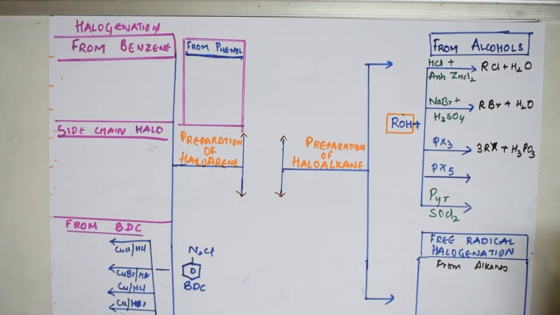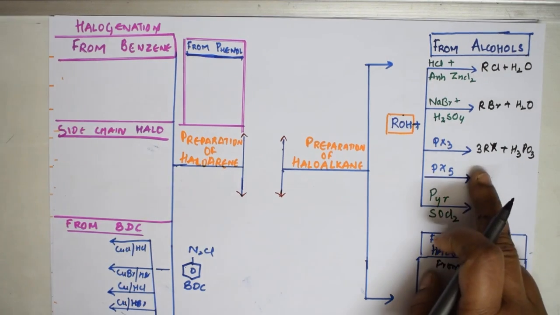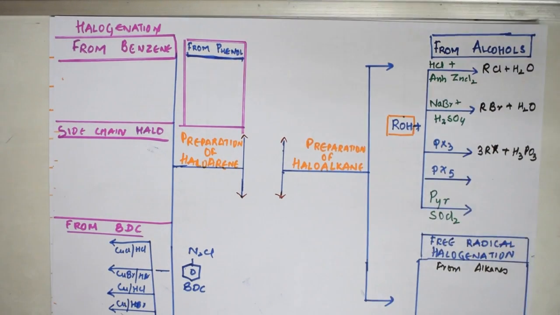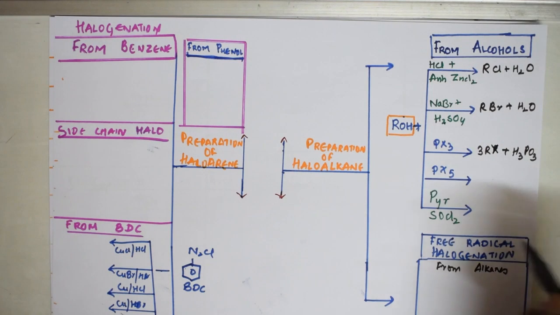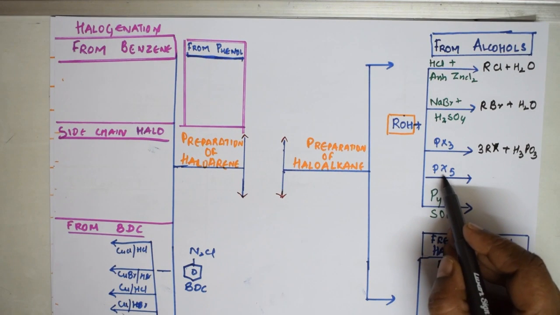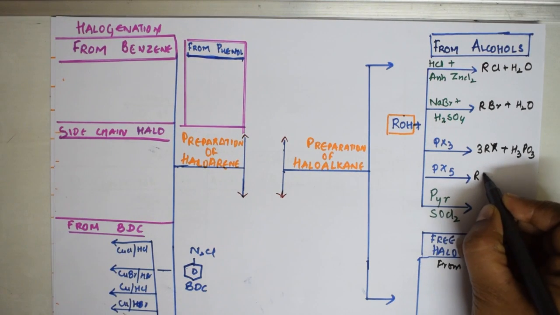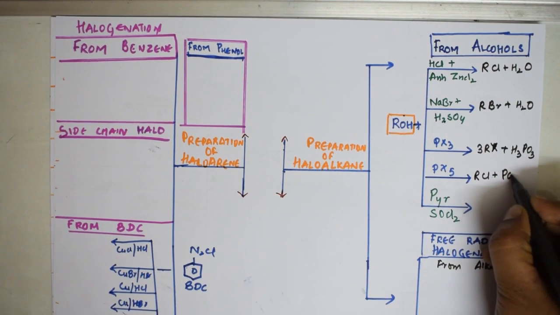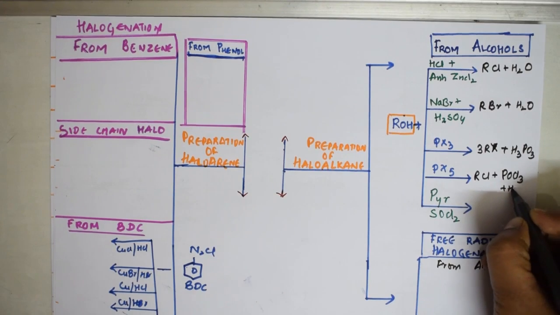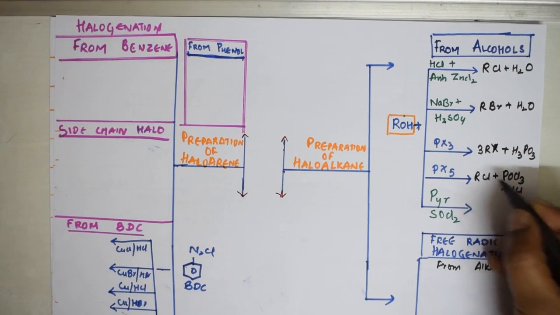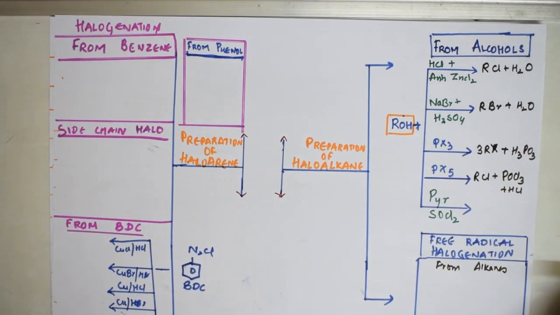I have shown you in my earlier videos in the haloalkanes and haloarenes chapter how I got this clearly. Please watch that video for this explanation. Now, if I take 5 chlorine atoms here, I'll be getting a product that is RCl plus POCl3 plus HCl. Now see here, 3 plus 1 is 4, 4 plus 1 is 5. So all the 5 chlorine atoms are balanced.